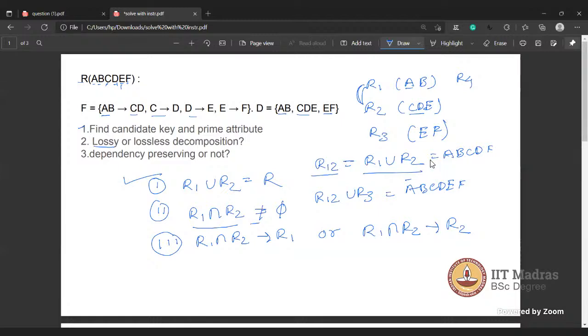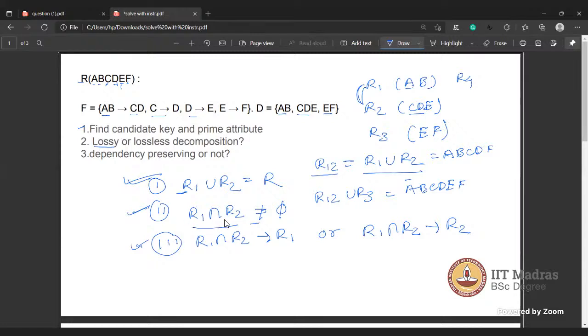Sir, then we can say that if there are n decompositions and the union of all of them gives the original set of attributes, then it is lossless? No, it must satisfy three conditions, not just this. You have to first satisfy this condition, this condition and this condition. Then we can say it is a lossless decomposition.